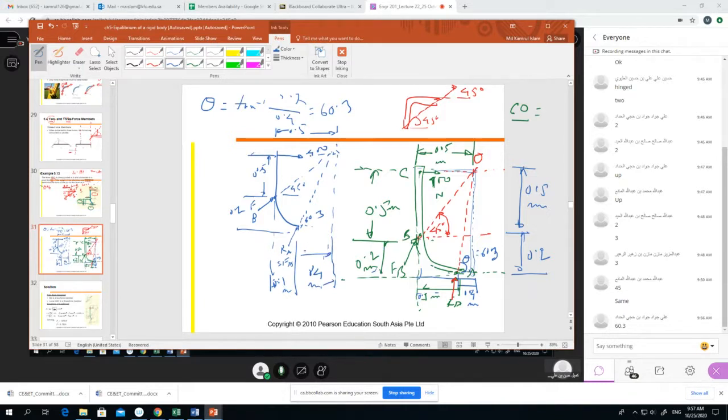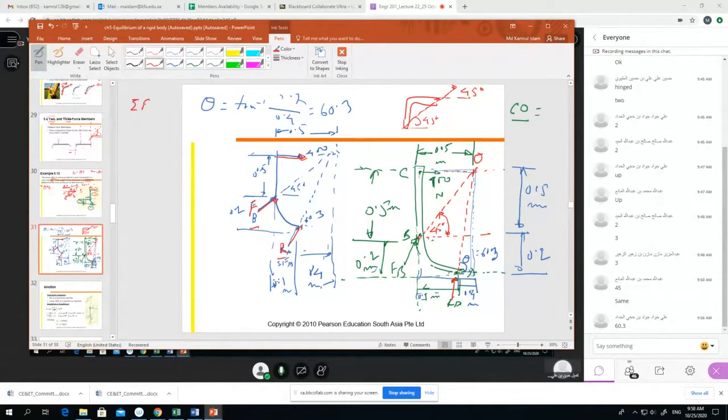Now how many forces do we have here? 1 force, 2 forces, and 3 forces. We know the value of 400, but we don't know the F values. We have two unknowns, so we need two equations.